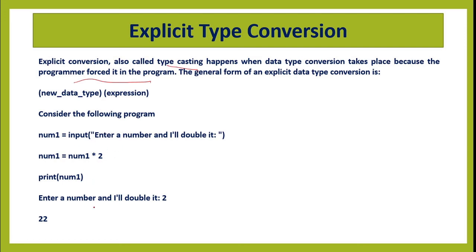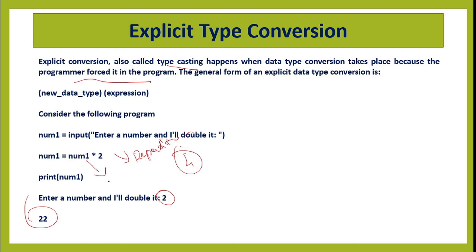First, the user enters the number 2 as the input. So 2 * 2 should produce 4. But we got the output 22. This is because the star acts as the repetition operator here, because the shell takes the input value as string only.